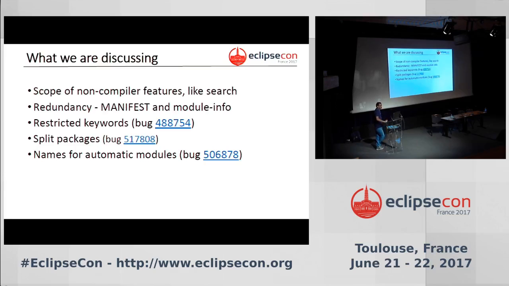There are still some discussions going on. For instance, what is going to be the scope for features like search and code completion? Should it have the same scope as defined in the module-info file, or should it have a broader scope?